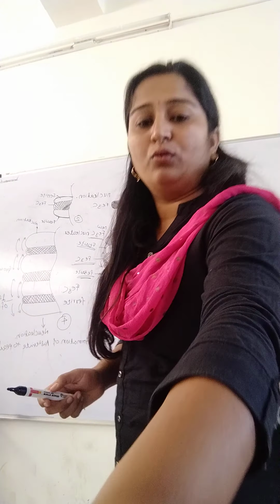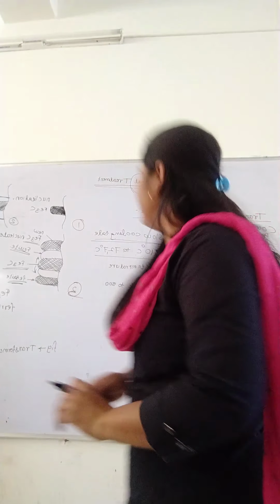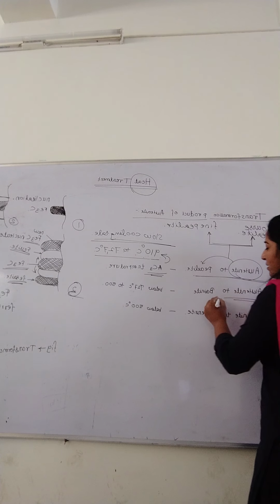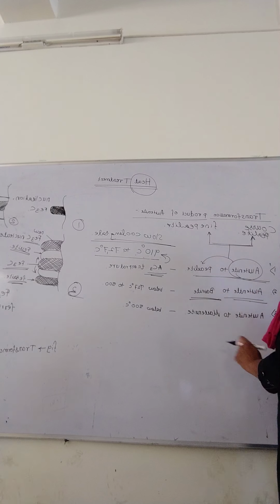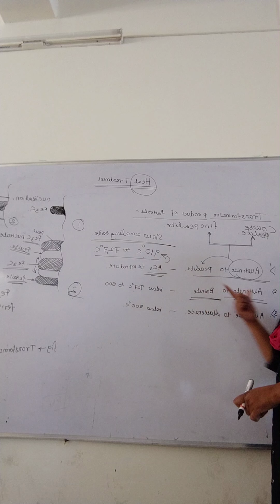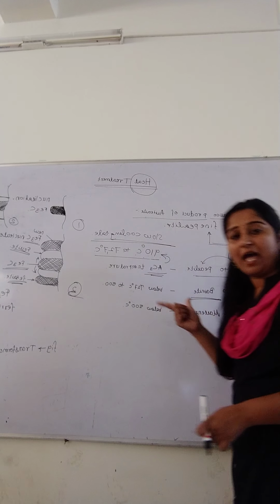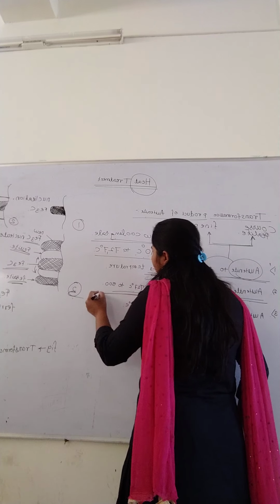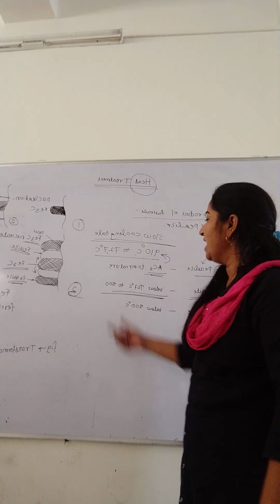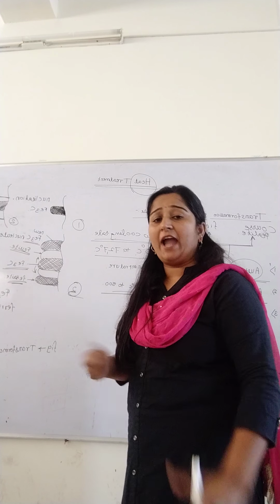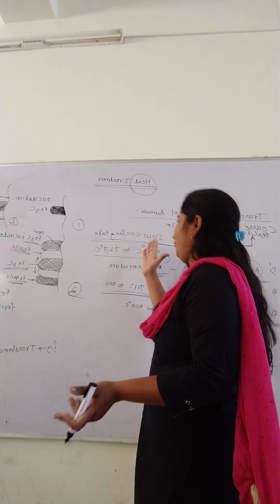Got it? Now the second is bainite. What is bainite? Bainite is also a transformation product of the austenite, which appears at temperatures below 727 degrees Celsius and up to 500 degrees Celsius. And what is the cooling rate for it?